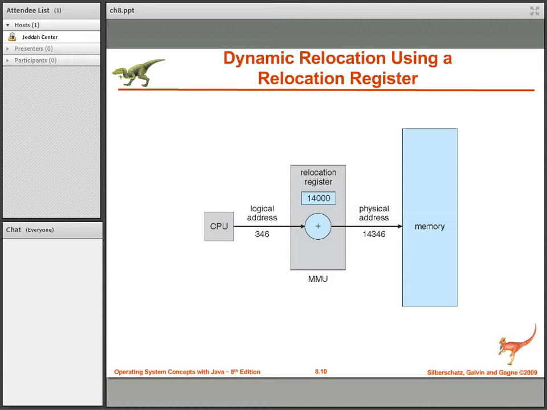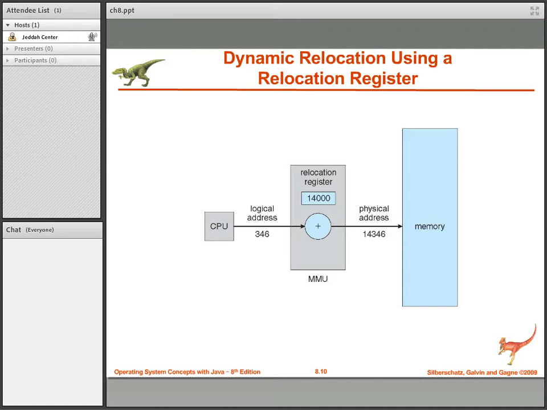You have the logical address coming from the CPU, and in this example, let us assume that it is address 346.